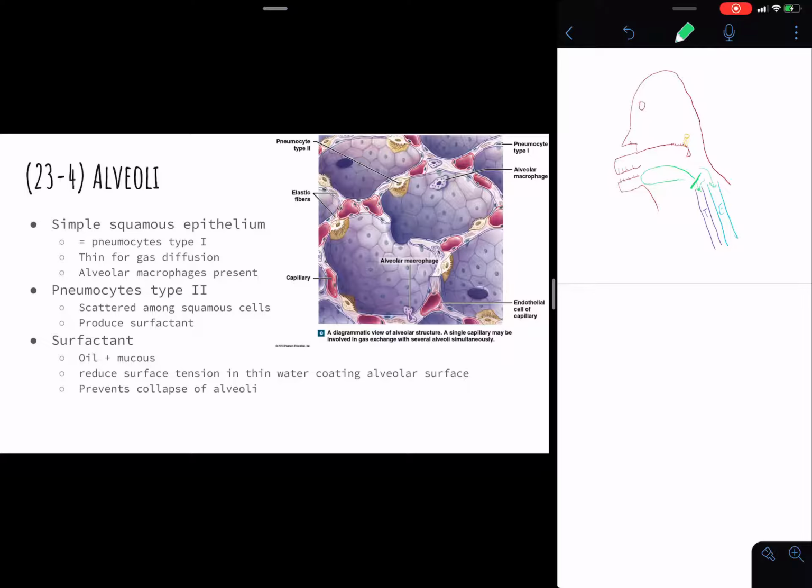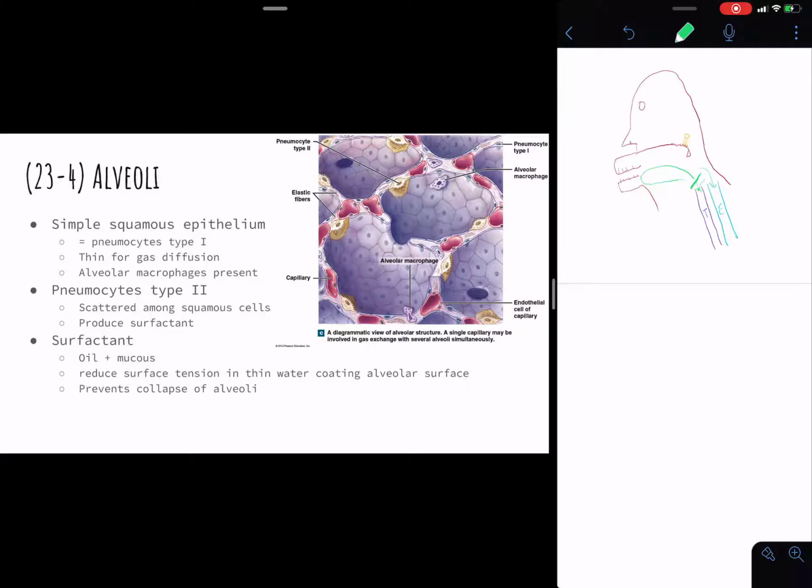Surfactant is going to be really helpful for us in terms of compliance for moving the alveoli and letting them expand and collapse. So we can picture each alveoli as kind of my analogy that I always like to use is a hair tie or a rubber band, right? A hair tie is only good if it isn't loose or really bad at bouncing back, and not so good at holding on to the hair if it's stretched out really far, right?